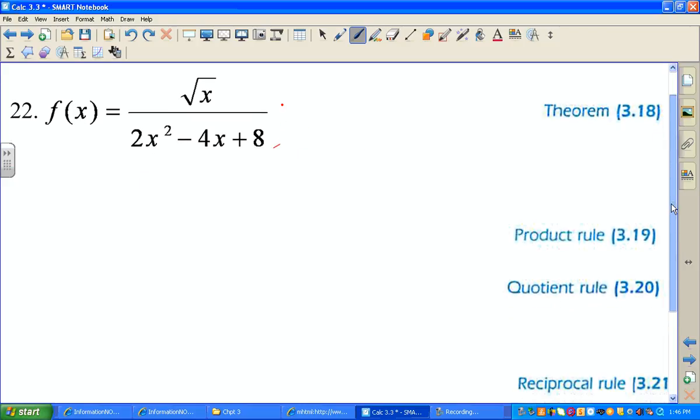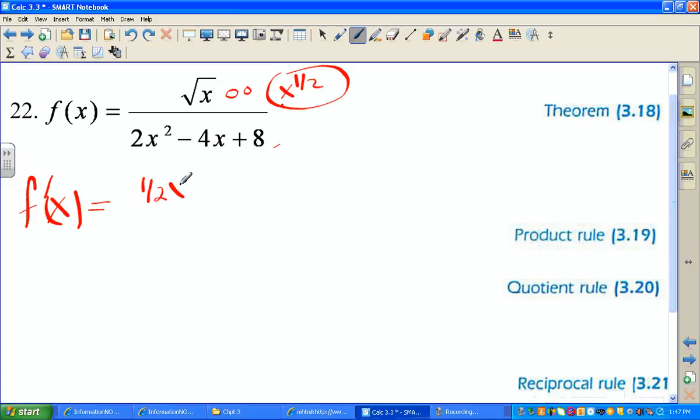So, we can't really simplify it. F prime of x. This is the same as x to the 1/2, right? So you have 1/2 x to negative 1/2 times 2x squared minus 4x plus 8. All your flaws for algebra will be exposed and you'll be able to work on them while you're doing derivatives.